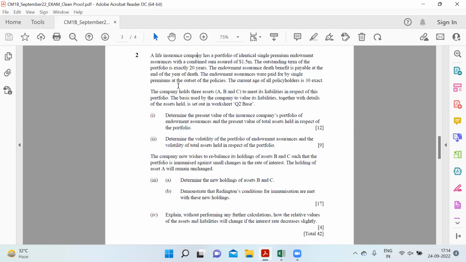The endowment assurances were paid by a single premium at the outset of the policies. The current age of all the policyholders is 30 exact. The company holds 3 assets to meet its liabilities in respect of the portfolio. The basis used by the company, together with the details of the assets, is set out in the question. Determine the present value of the insurance company's portfolio of endowment assurances and the present value of the assets.